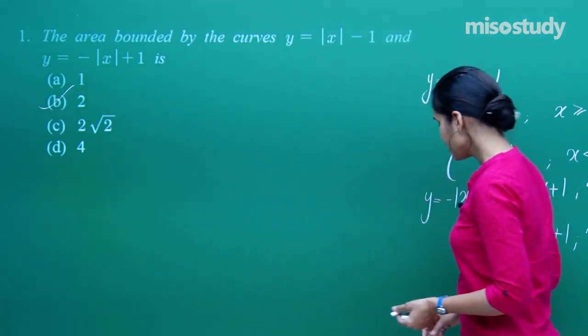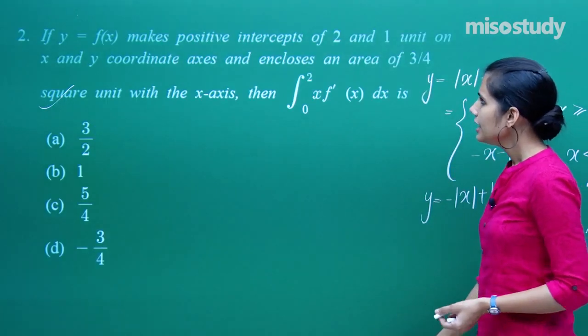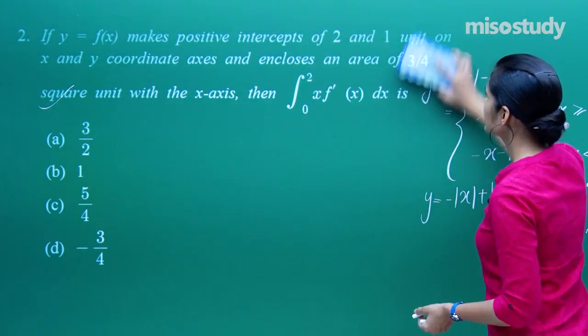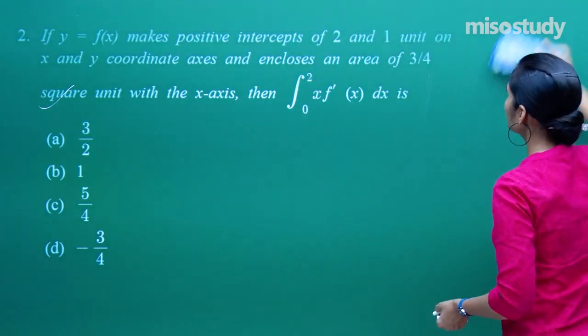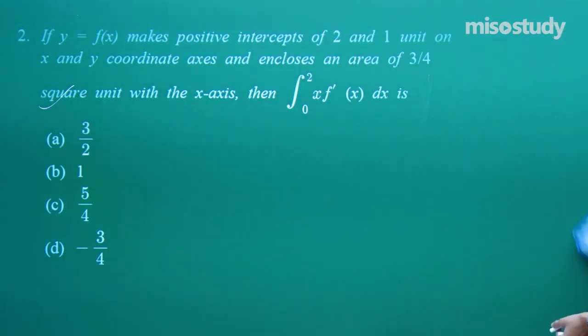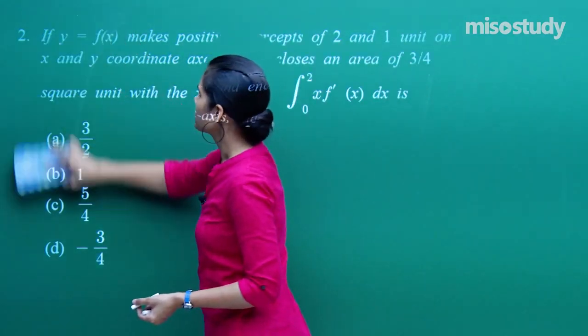Clear? Pretty easy question. Moving on to the next. If y equals f(x) makes positive intercepts of 2 and 1 unit on x and y coordinates. Okay. So if you know the intercepts, what does this mean?